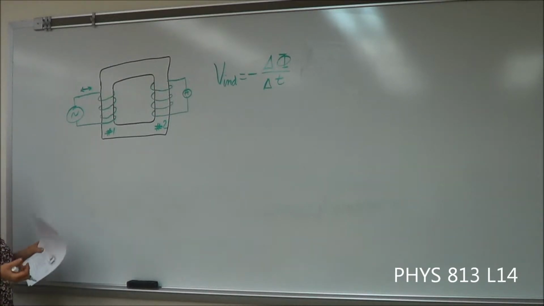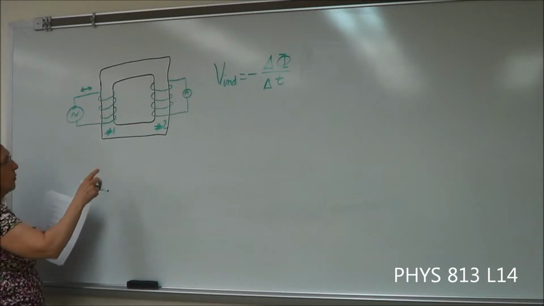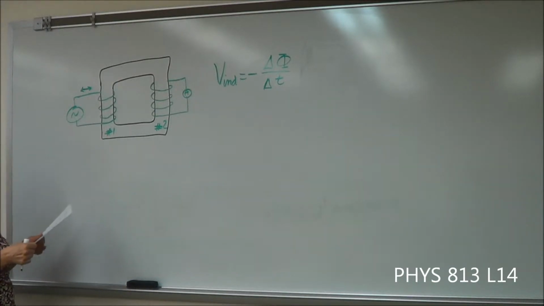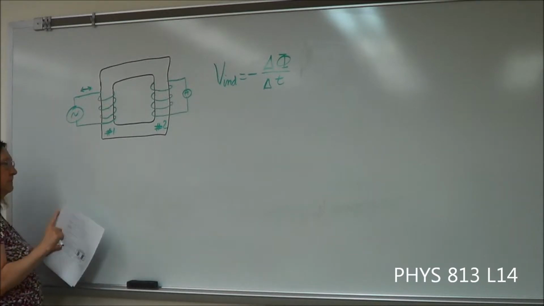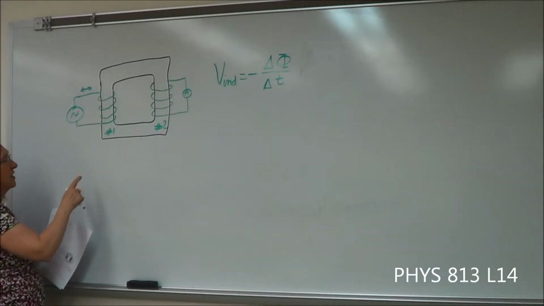So we have an oscillating or alternating voltage source there. So the question is, is there flux through coil 2? Well, oh, yes, kind of forgetting where I was at here.